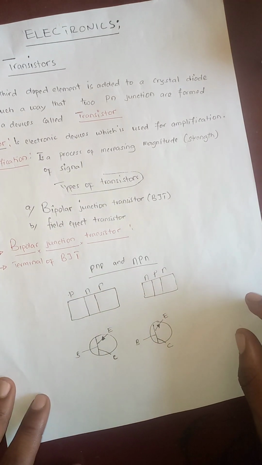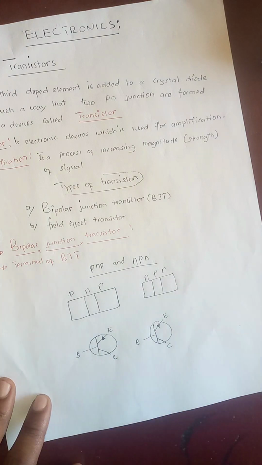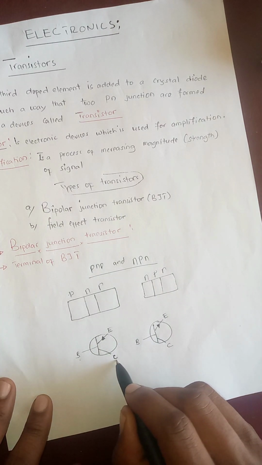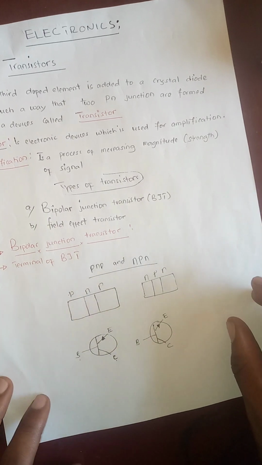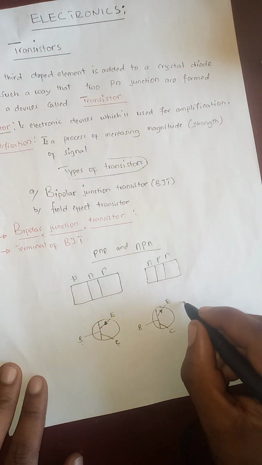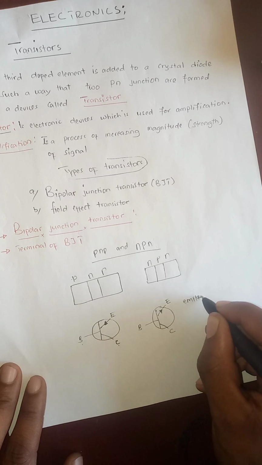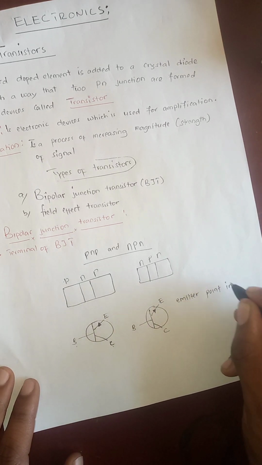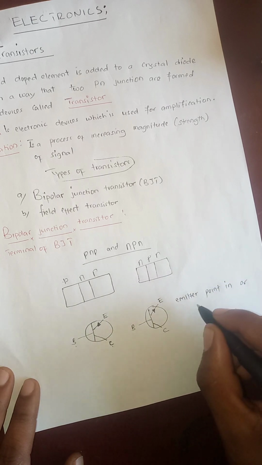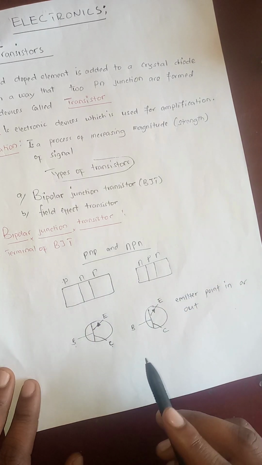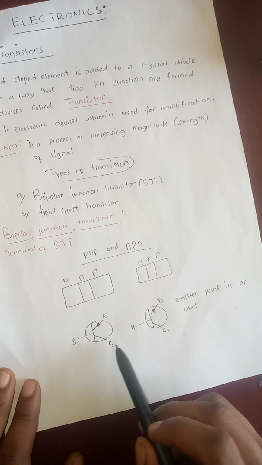So we have the three terminals of a transistor: base, emitter, and collector. You can differentiate the collector and emitter by whether the emitter points in or out.